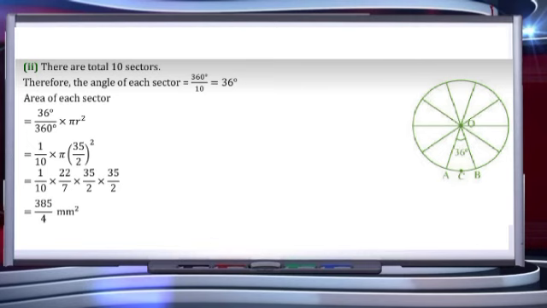So it reduces to 36 over 360 into pi r square, that is 1 by 10 into pi into 35 by 2 whole square. On simplification we get 1 by 10 into 22 by 7 into 35 by 2 into 35 by 2. So that reduces to 385 by 4 millimeter square. That is the area of each sector.